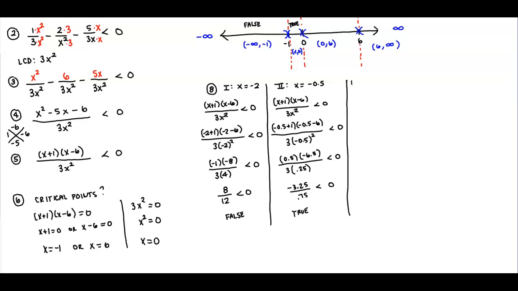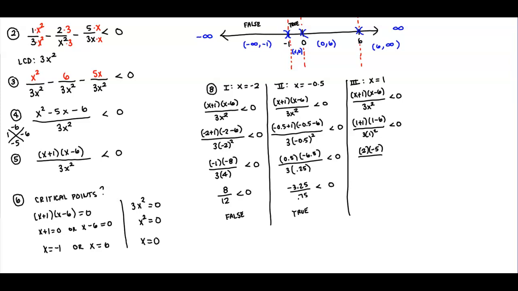Now we're going to go to region number 3. For region number 3, we can let x equal 1. Again, we have (x plus 1)(x minus 6) all over 3x squared, and we want to make that less than 0. So we have (1 plus 1)(1 minus 6) over 3 times 1 squared. 1 plus 1 is 2. 1 minus 6 is -5.